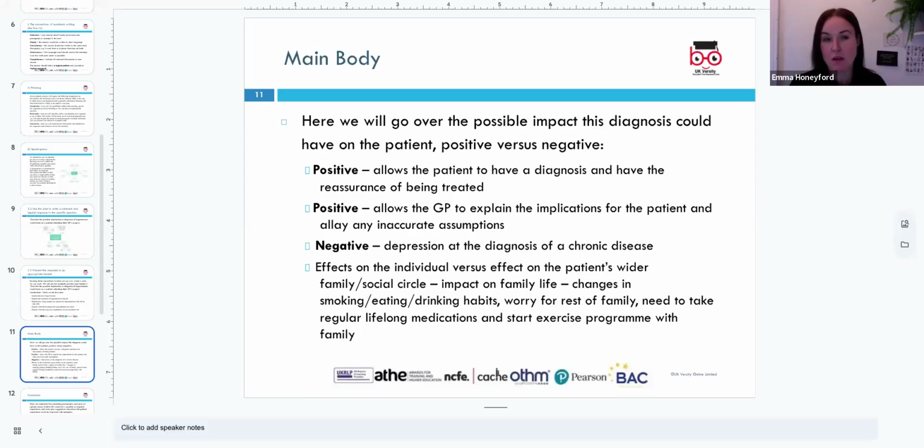That could be a massive behavioural change that the patient needs to undertake. They may feel overwhelmed. It could be a worry for the rest of the family, for parents, for children. And there's the need to take regular lifelong medications and start an exercise program with the family. So it does have implications for the wider family as well.